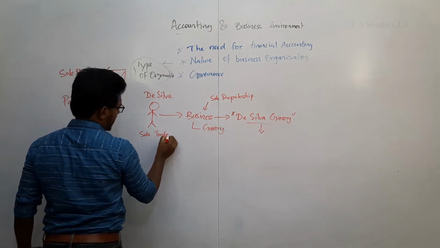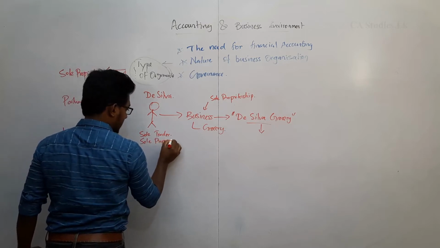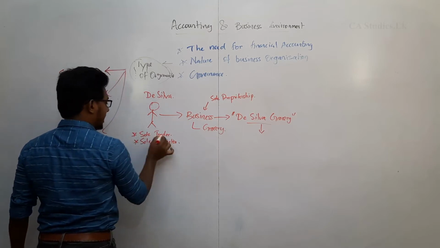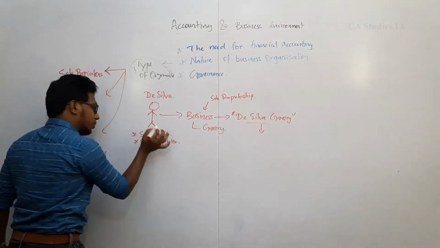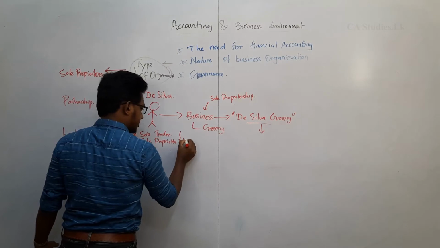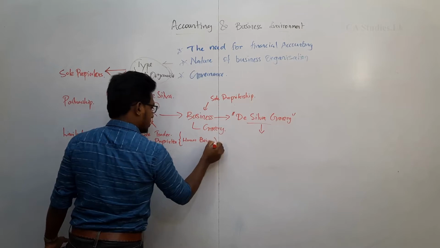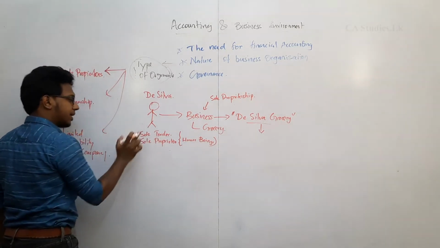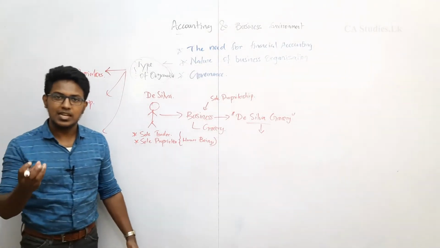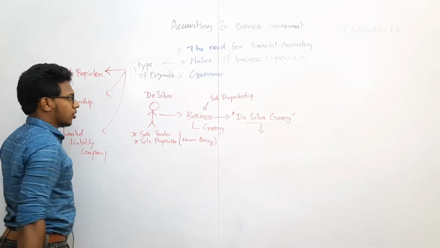He may be called a sole trader or sole proprietor. Always a sole trader and sole proprietor should be human beings. Very important. A sole proprietor or sole trader cannot be an organization, it should be a living human being.